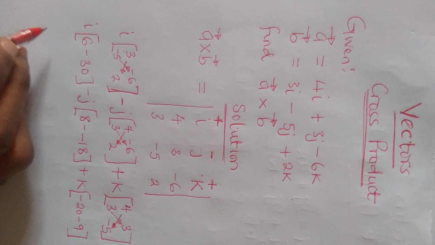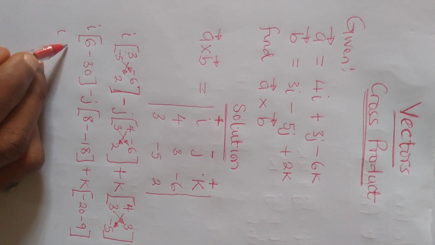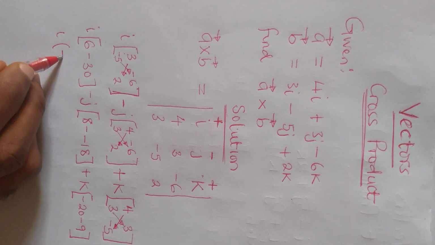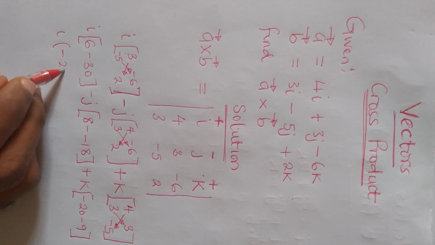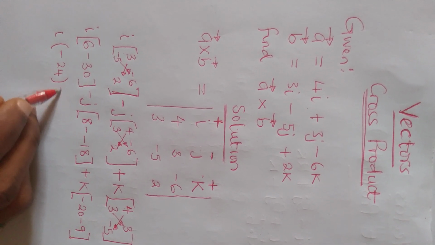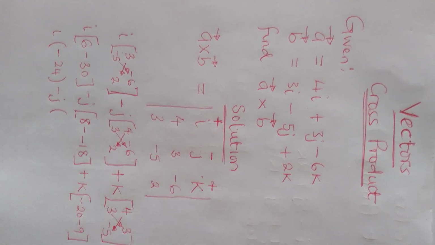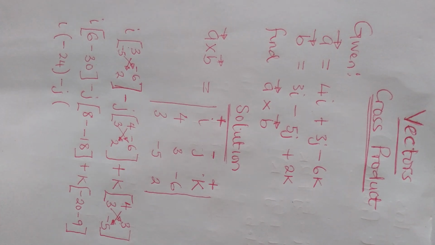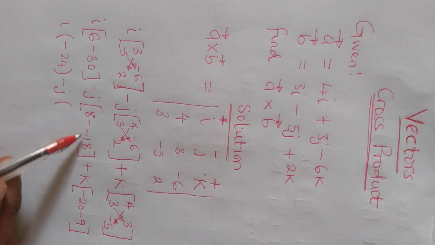So let's continue our solution. We are going to have i into 6 minus 30, which will be minus 24, minus j. So 8 minus 18 is the same thing as saying 8 plus 18, because minus times minus here will give us plus.